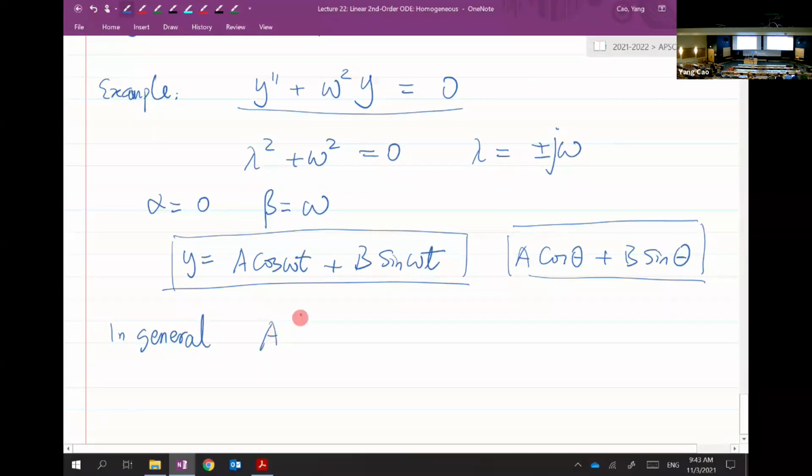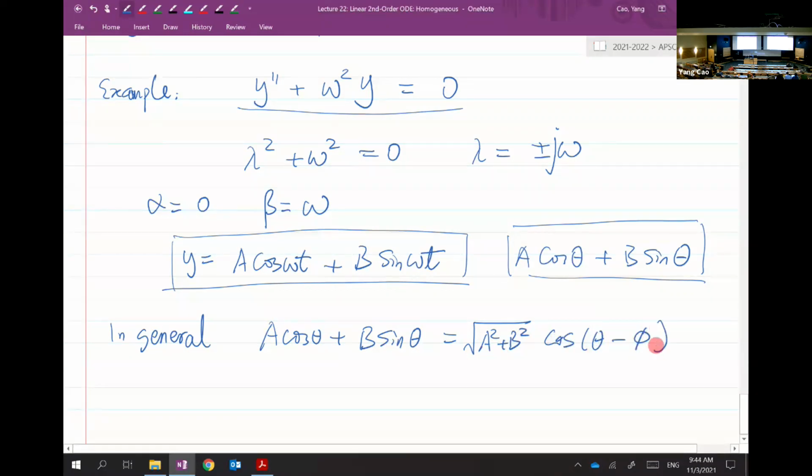When you have an expression like this, a cosine and a sine adding together with the same angle, like cosine omega t here, you can combine it into one single sinusoidal function, and that is square root of a squared plus b squared, times cosine of theta minus phi.